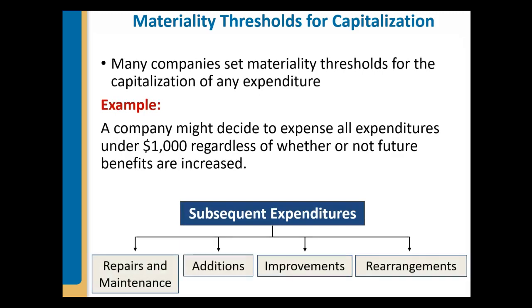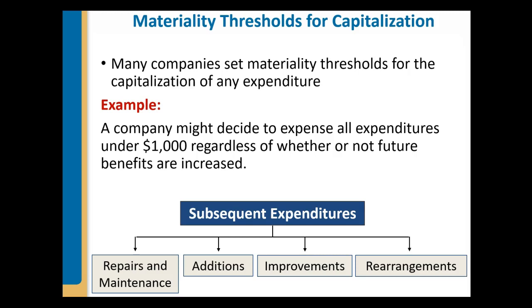For convenience, many companies set materiality thresholds for the capitalization of any expenditure. So, as an example, a company might decide to expense all expenditures under $1,000 regardless of whether or not future benefits are increased.